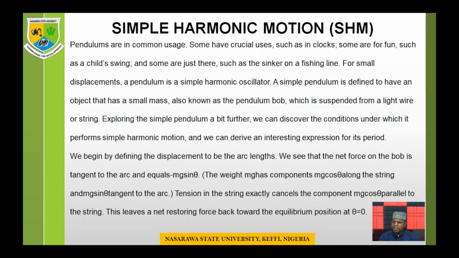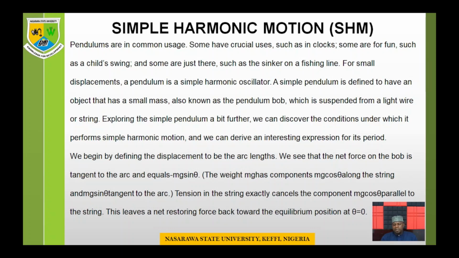A simple pendulum is defined to have an object that has a small mass, also known as the pendulum bob, which is suspended from a light wire or string. Exploring the pendulum a bit further, we can discover the conditions under which it performs simple harmonic motion, and we can derive an interesting expression for its period. That is the total time for one complete oscillation.